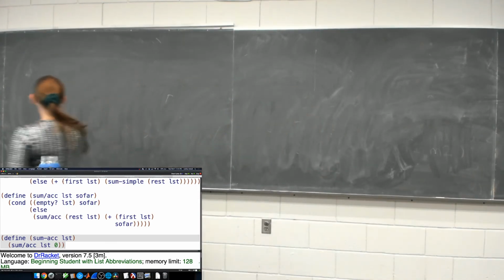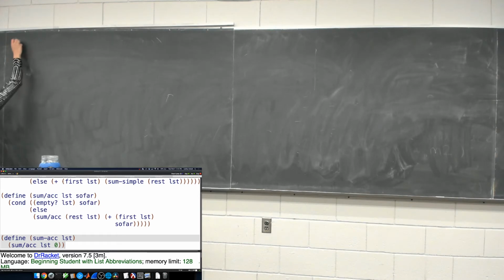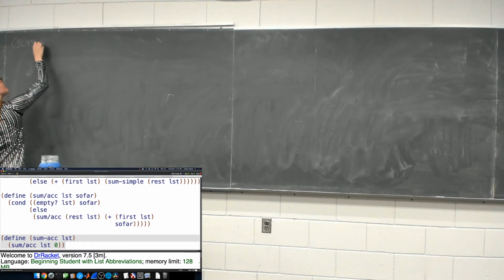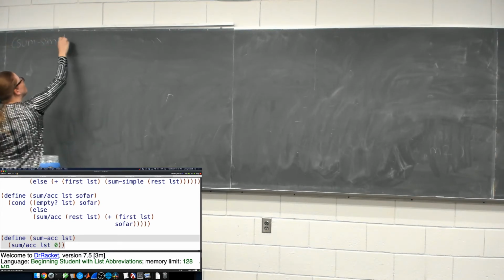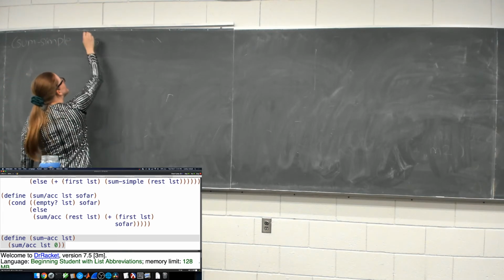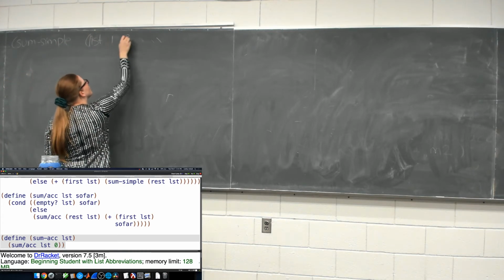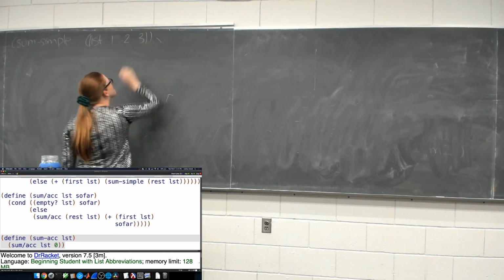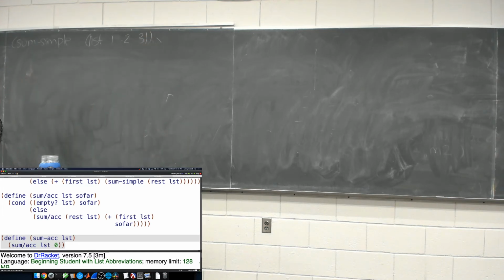All right. So if I call sum simple on this list here, and this is a condensed trace, so we're going to leave out a lot of the steps, this is going to give me plus 1.